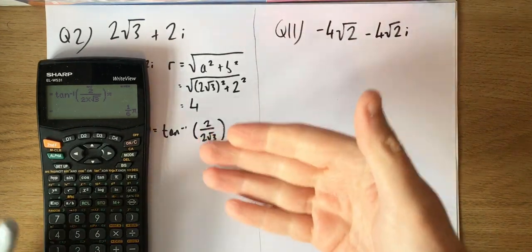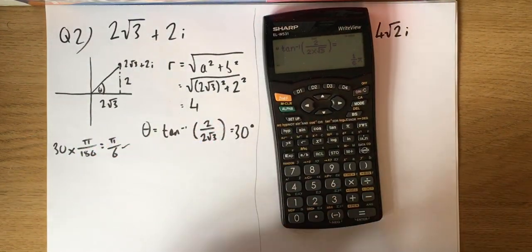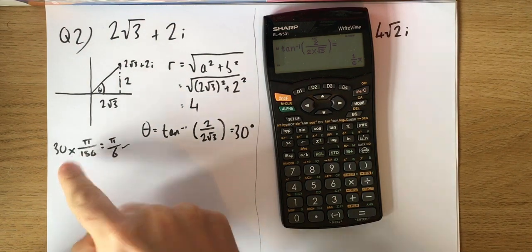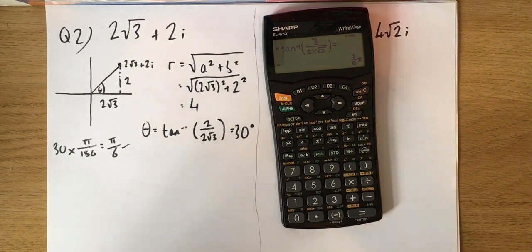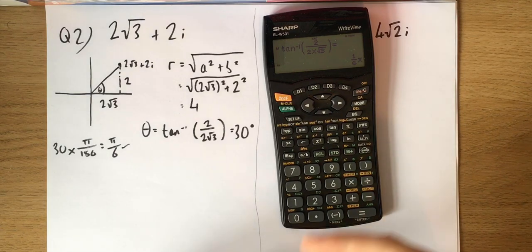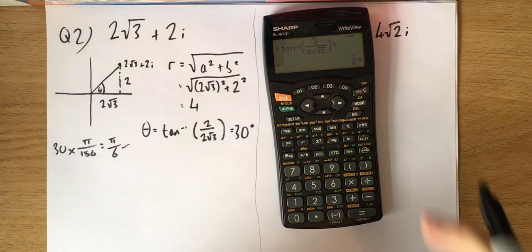So you can do it using degrees as before and then just convert the angle by multiplying by pi over 180. You can get the 30 degrees and convert it on the calculator, or you can just have your calculator in radians mode, and then when you do the tan inverse, it will give you your answer in radians.